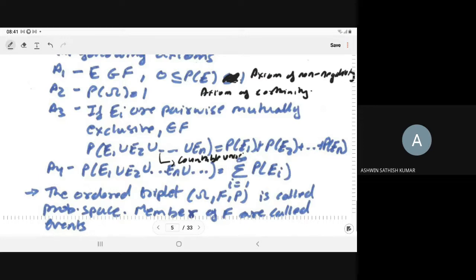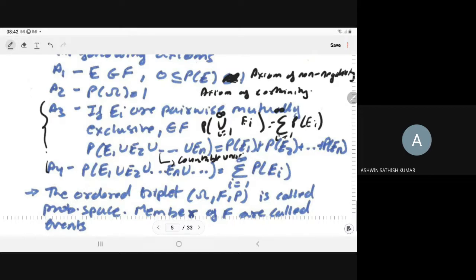You can extend that to the uncountable union also. Both are the same kind of thing. The main thing is that all the events must be pairwise mutually exclusive. Means the probability of the union over i from 1 to infinity of Ei is equal to the summation of the probability of Ei, i from 1 to infinity.